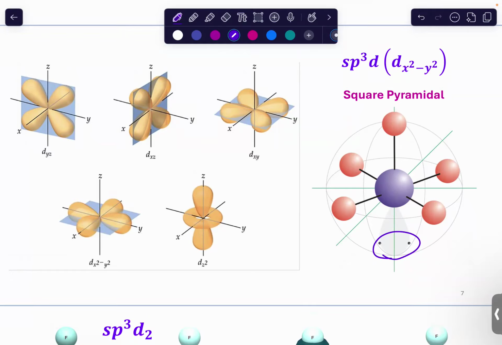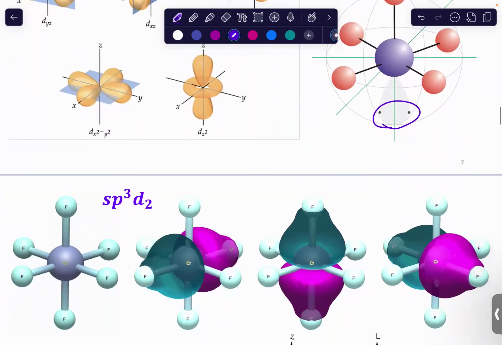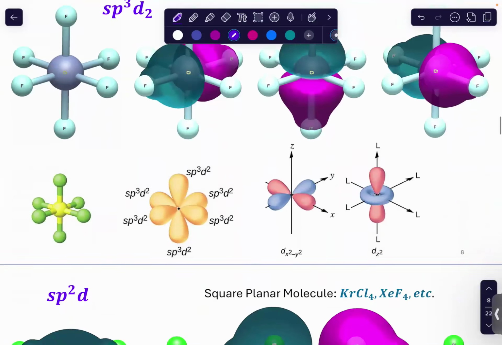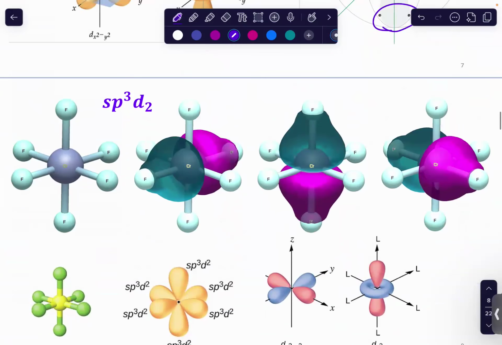What we're predominantly worried about is ligand fields. And so this one has that square pyramidal ligand field. But this is your standard sp3d2.